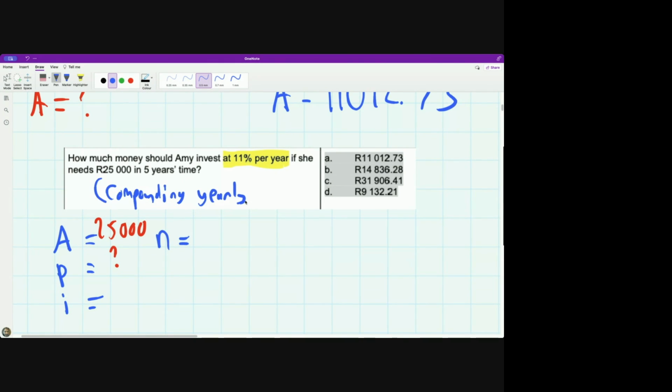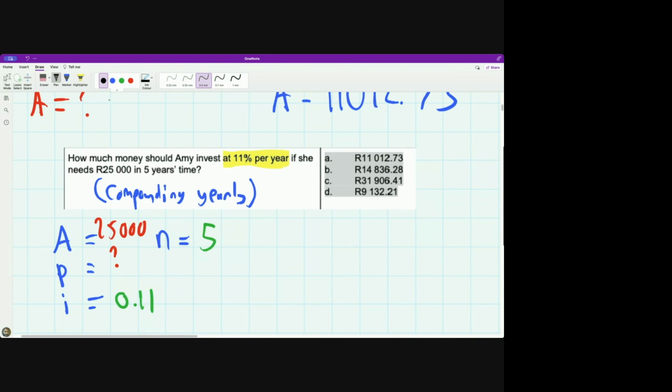Because they didn't, the default is compound interest. But I'm going to say it's compounded yearly, which means the interest rate is just going to be 0.11. And then my N, because the interest is being compounded yearly, I only need to know time in years, and so N is 5.